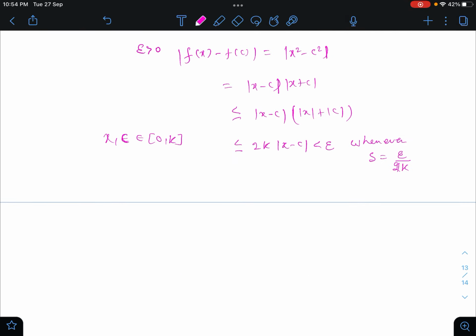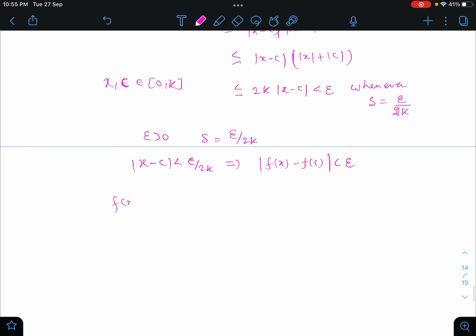That means for a given epsilon we can choose delta equal to epsilon upon 2k, such that when |x minus c| is less than epsilon upon 2k, then |f(x) minus f(c)| is less than epsilon.